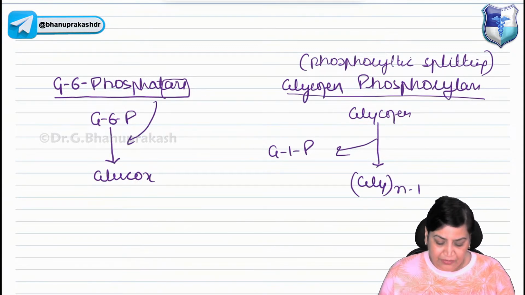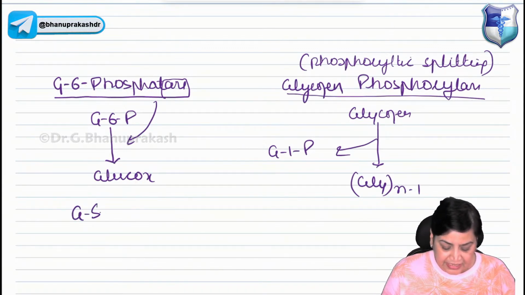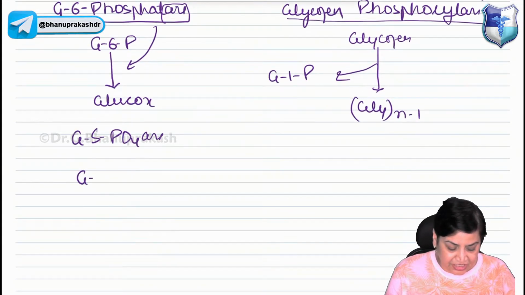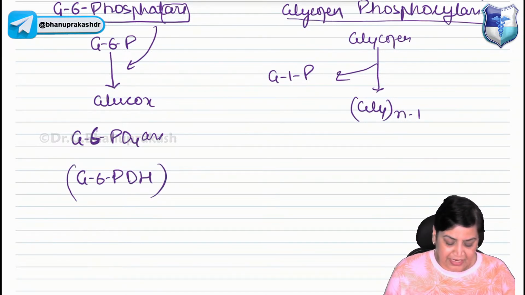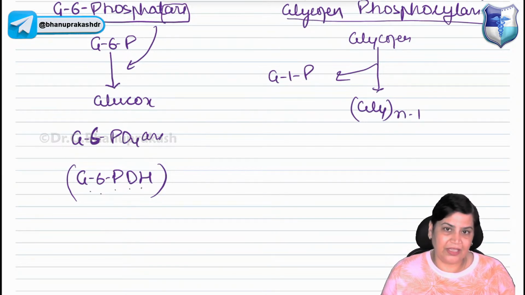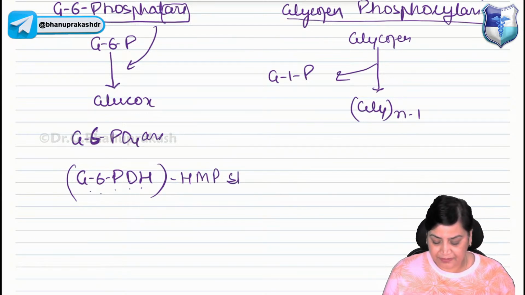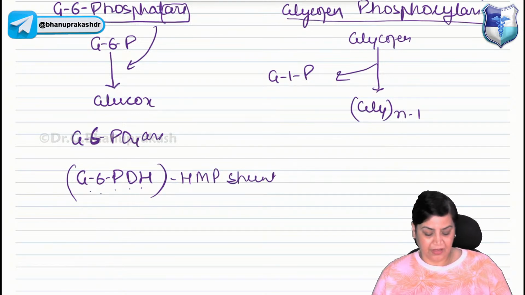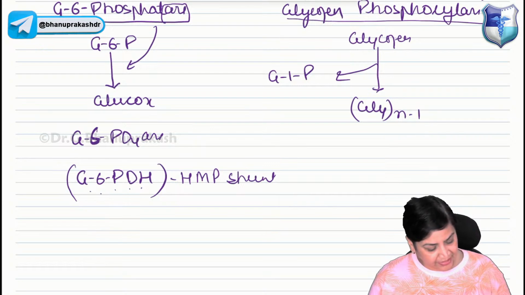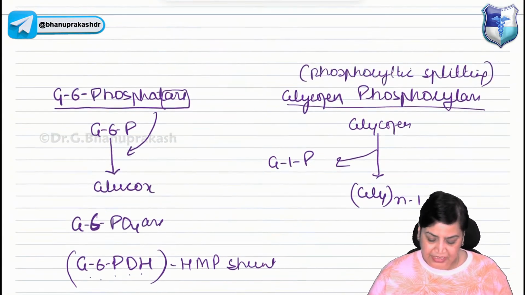Normally we write G6P like this, and suppose I write the enzyme like this, glucose 6 phosphate dehydrogenase, this is an enzyme of the HMP shunt, which we will discuss. So this is the main difference.